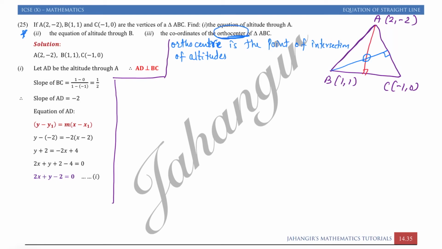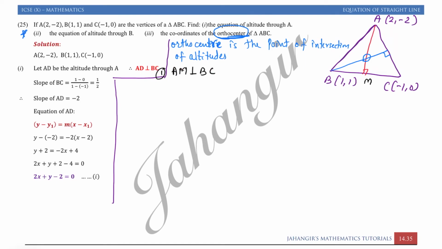This is the keyword: orthocenter. Now first part में we have to find the equation of altitude through A. So let's say AM perpendicular to, first part में we can say AM perpendicular to BC.